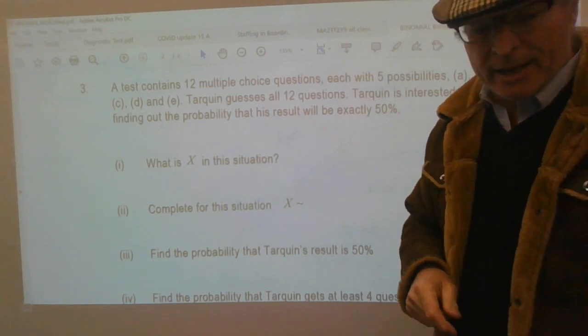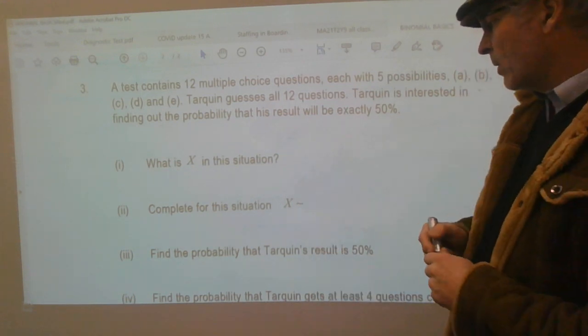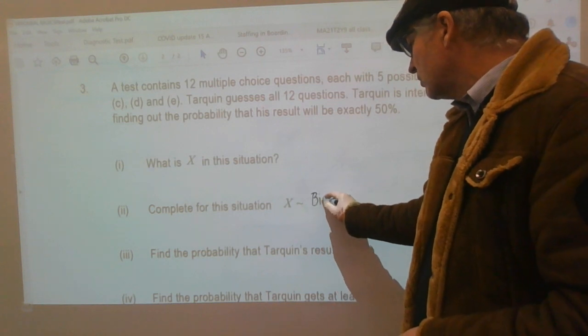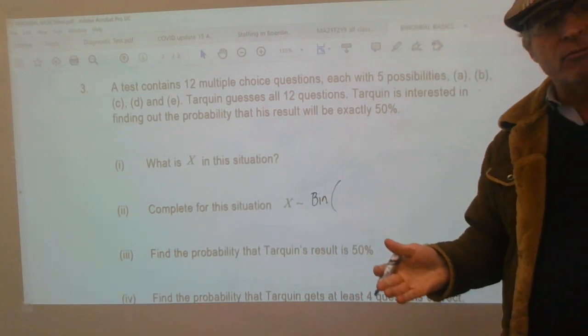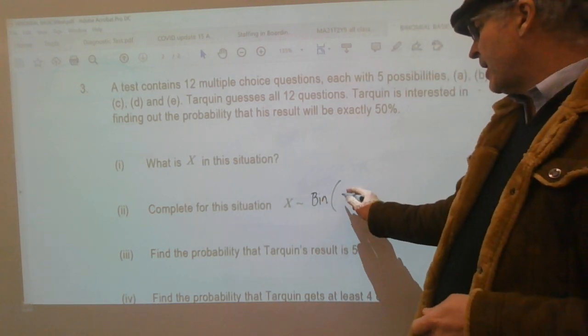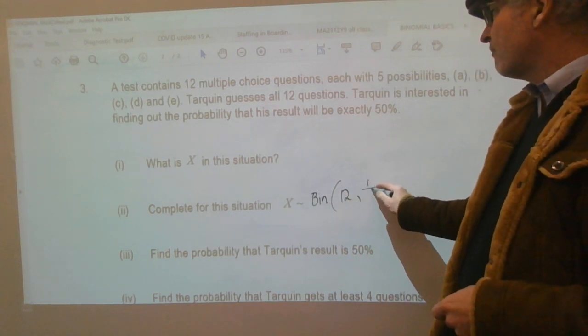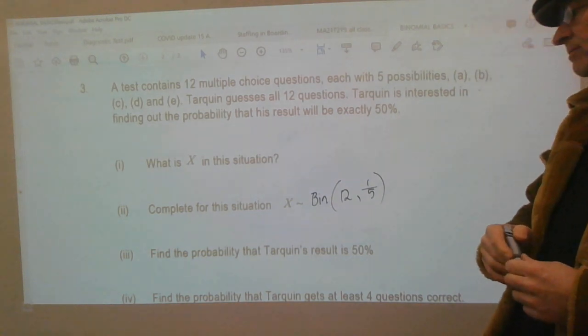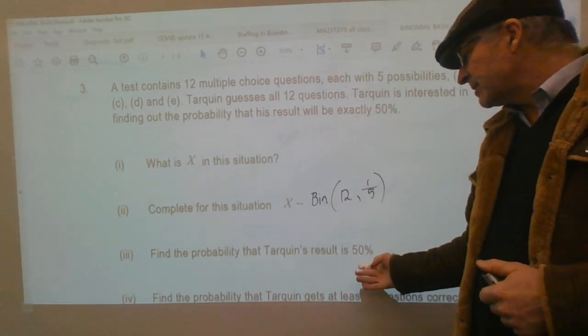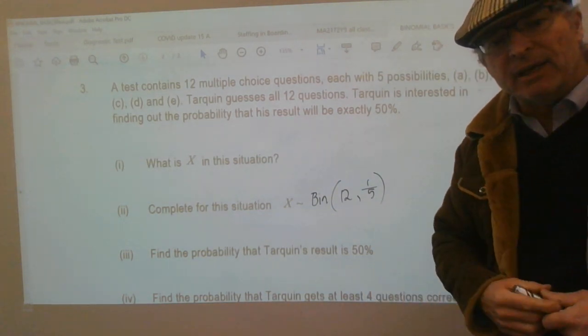Complete for this situation, x squiggle, well, it's a binomially distributed random variable with 12 Bernoulli trials, each with a 1/5 chance of success. Find the probability that Tarquin's result is 50%.